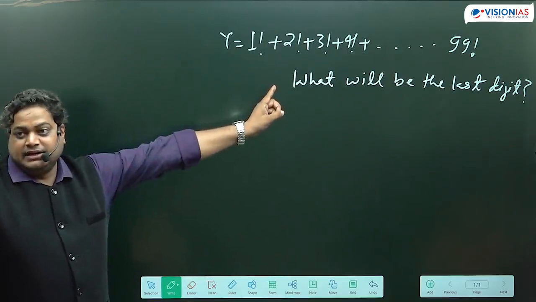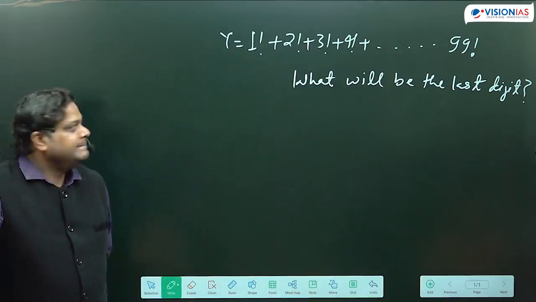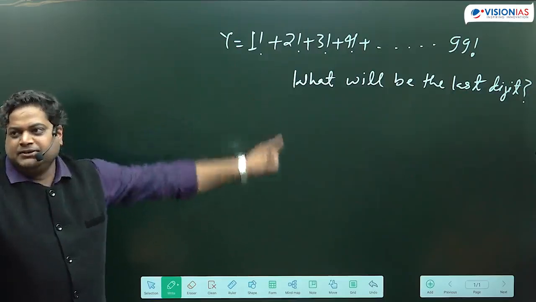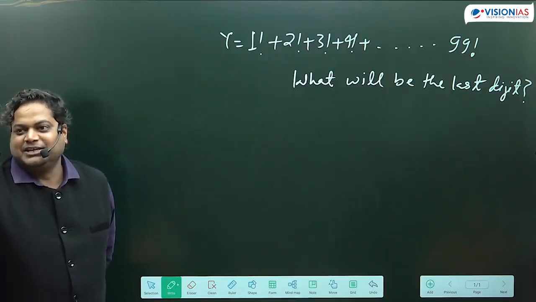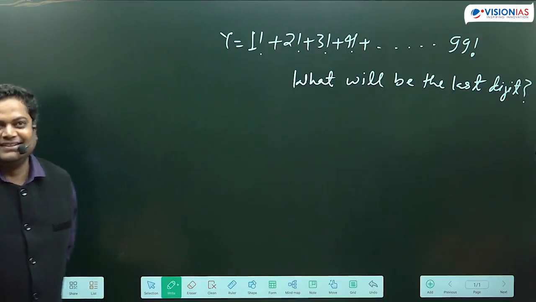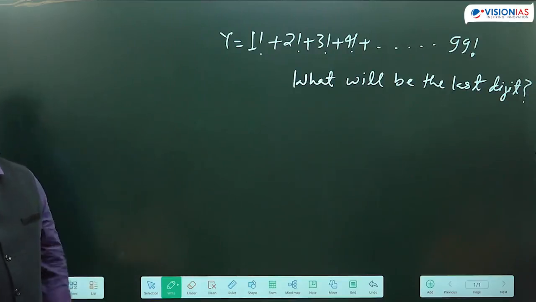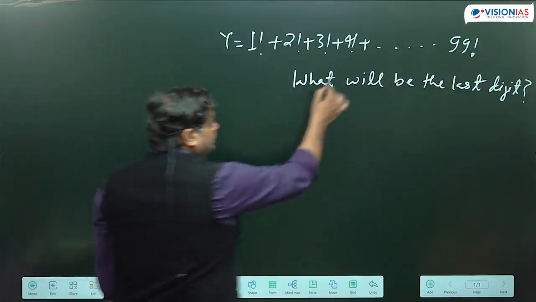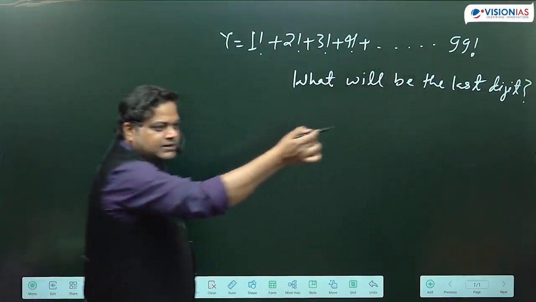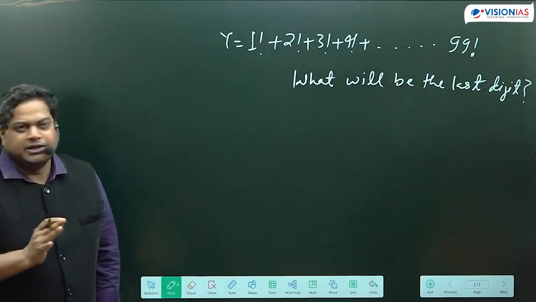Multiplication is not there. Addition is there. 2 factorial में भी 0 नहीं है. 3 में भी नहीं है. So what we can do, we can have this idea कि 5 factorial and beyond, every time we'll get 0 at unit place.